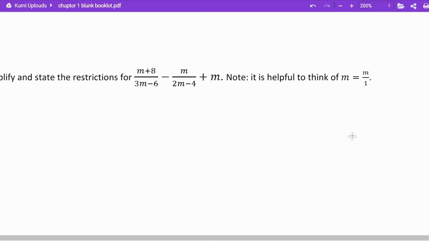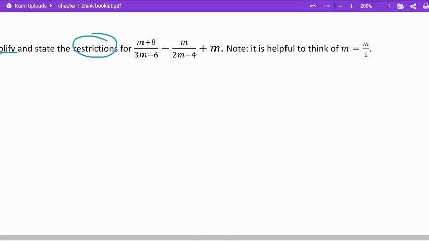So I want everyone to read this question using active reading. You're reading the question, underlining, circling. Okay, we're good.